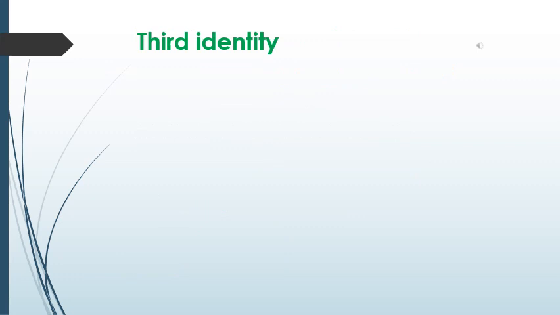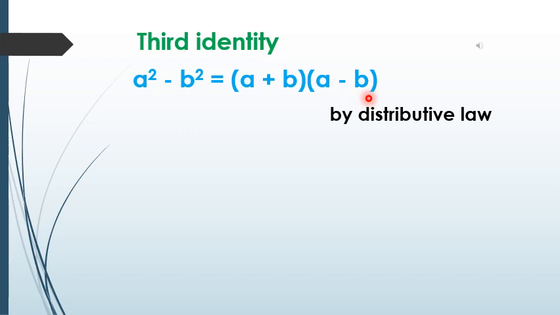Next formula is a² - b² = (a + b)(a - b). Now we can multiply these two expressions, which is equal to a into (a - b) + b into (a - b).